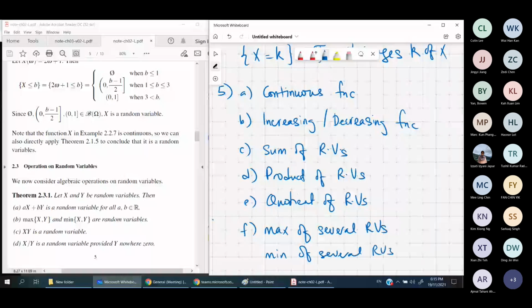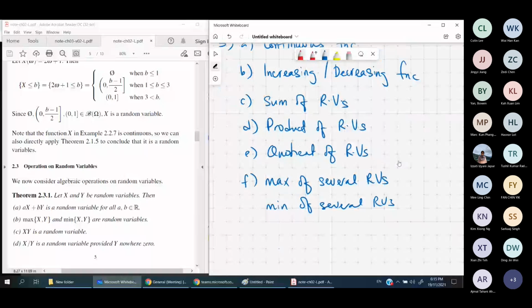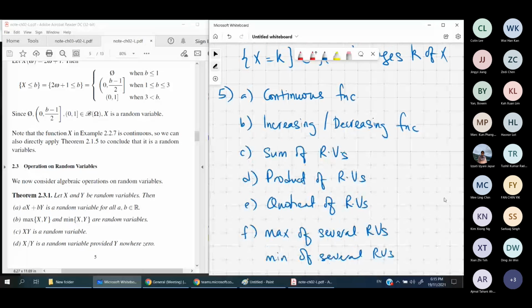Okay, all of these, we know, are random variables. Which means actually most of the functions that you can name are random variables.